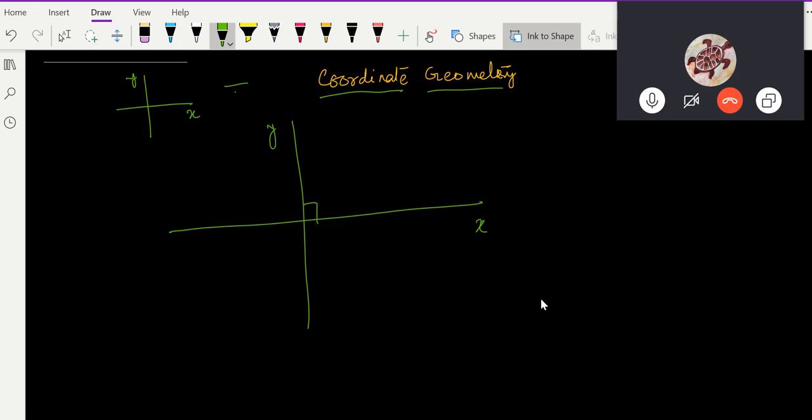But in that case, there will be an additional factor coming in, which would be the cos of the angle. So suppose I draw the axis like this, where this angle is 60°. Then what is the problem?